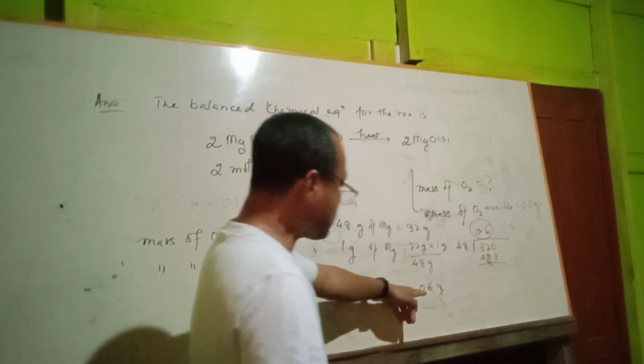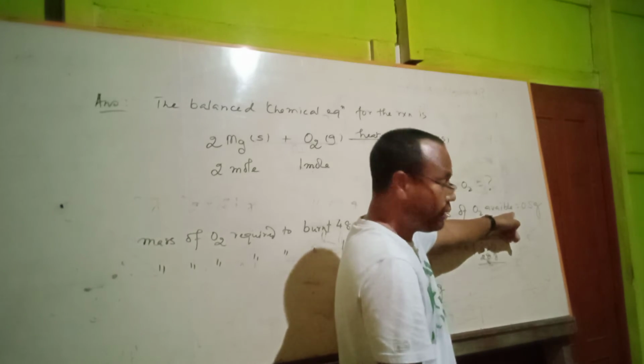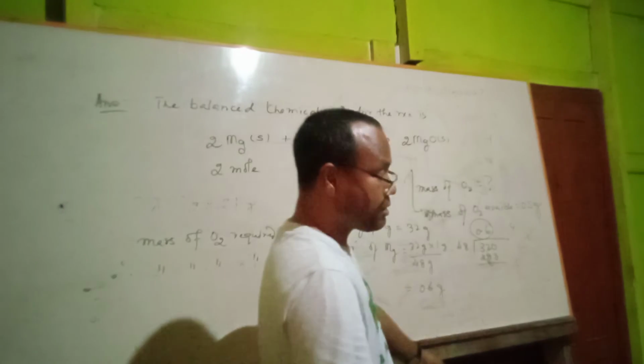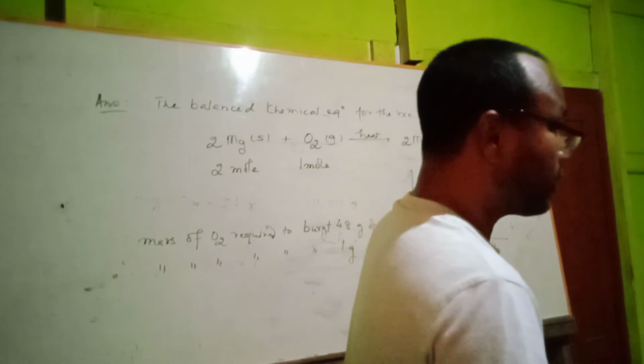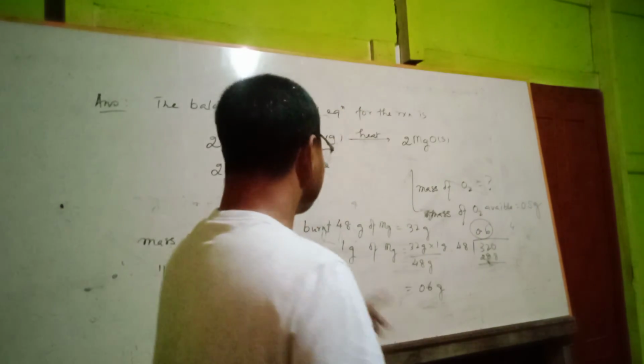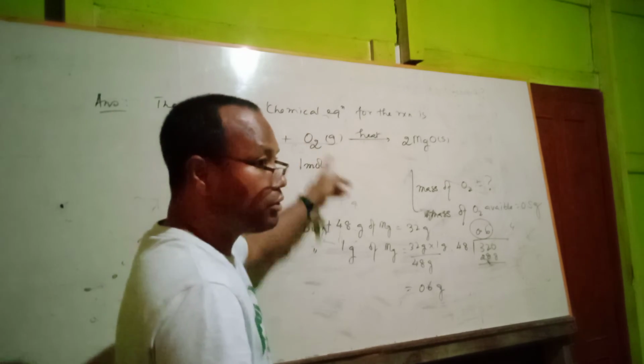Is the available amount more than the required or less than the required? Less than. So that means this oxygen is the limiting reagent.